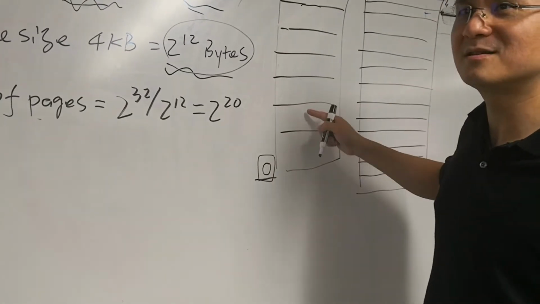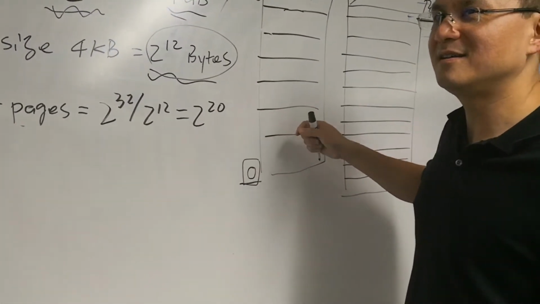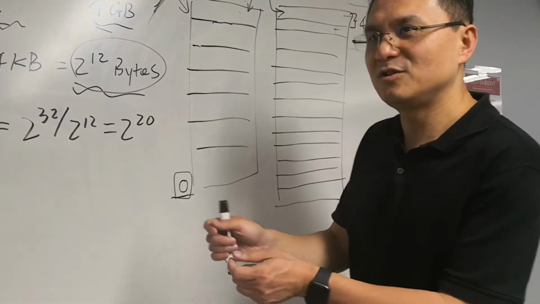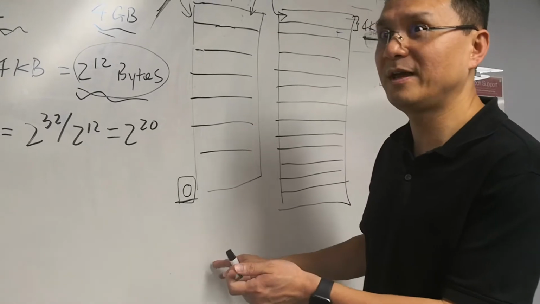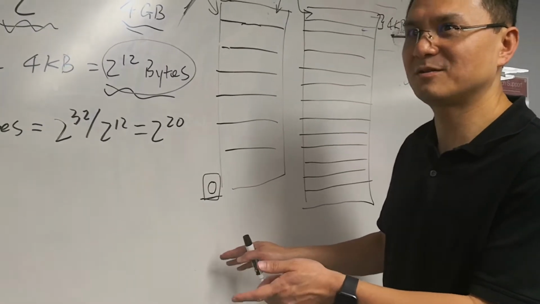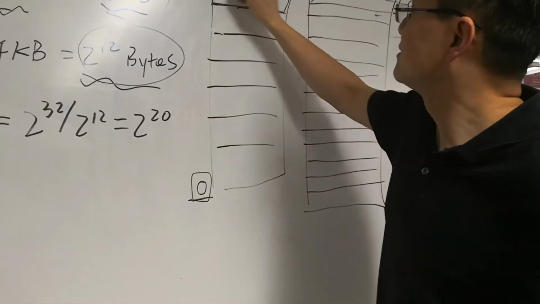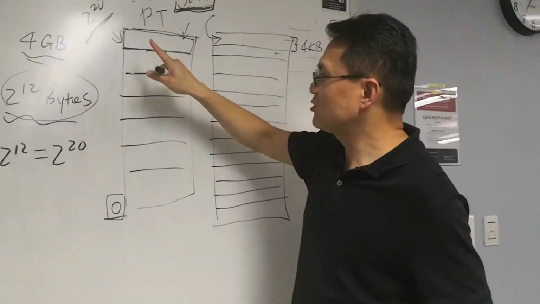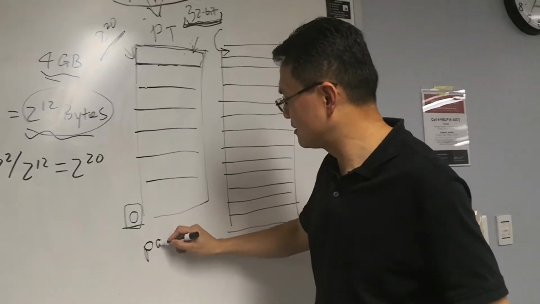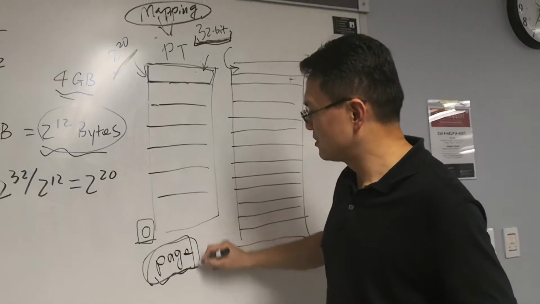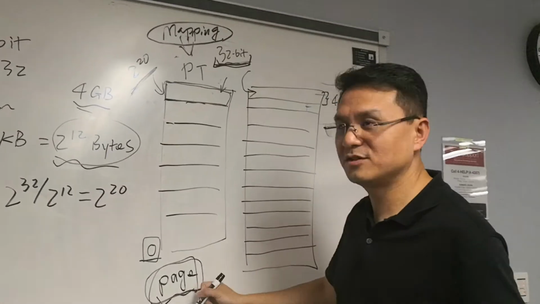You set this up as an array, and at a particular position you store the physical frame number. So each entry is for a page, or a frame?